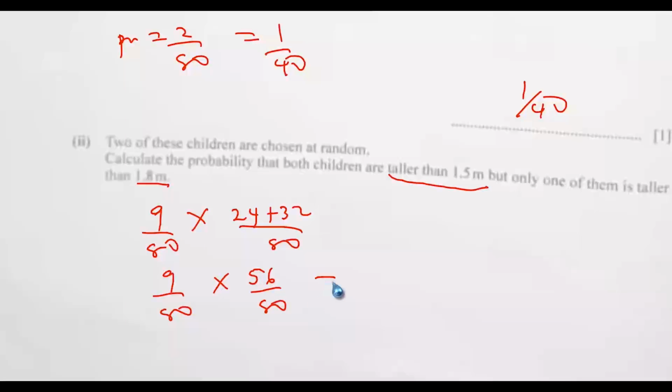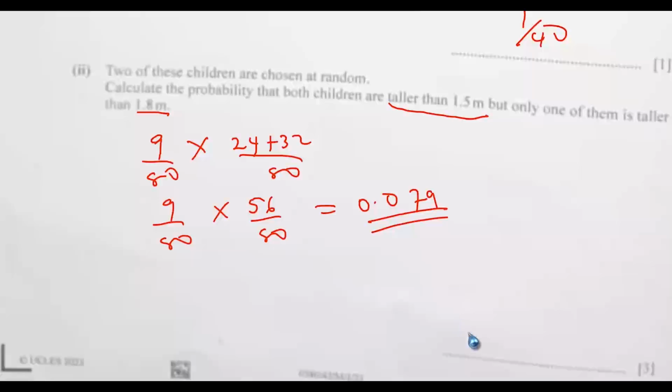If you multiply these two fractions together, you get 0.079. So that is the probability. So we can write 0.079 here as the probability of selecting two children that are taller than 1.5 meters, but only one of them is taller than 1.8 meters. So let's go to the next part.